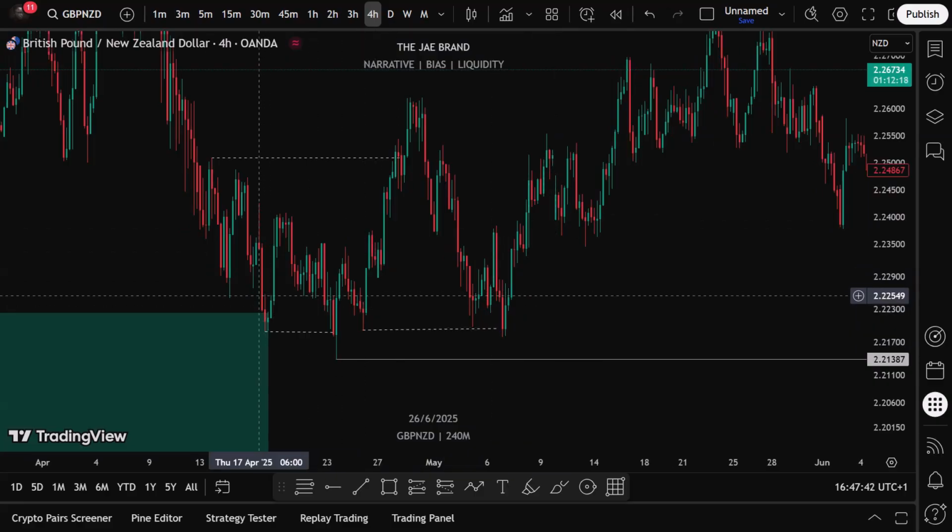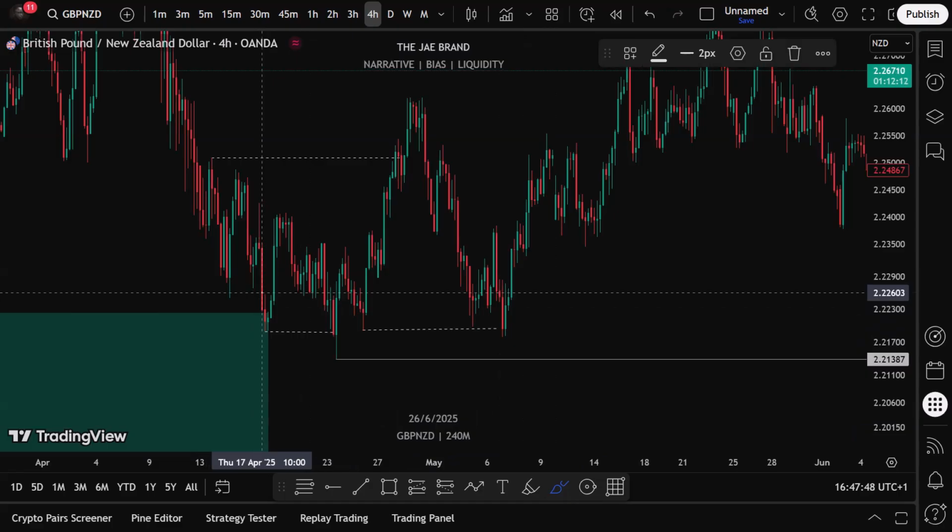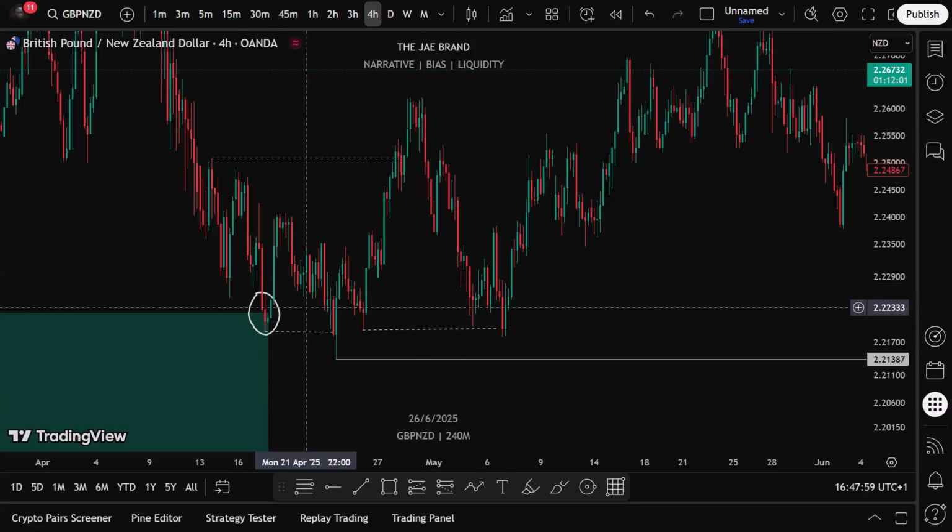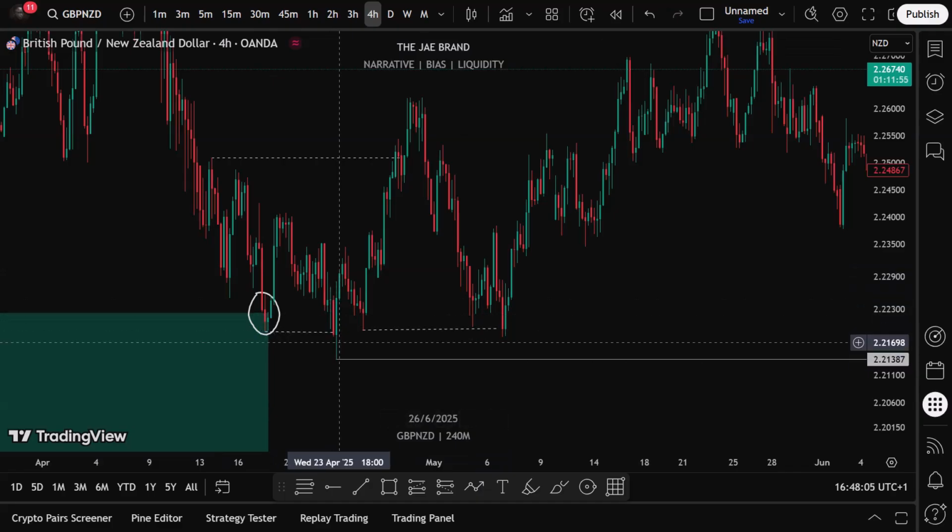Now I want to explain this QMR. I said QMR, for a buy model, is your last bearish candle, more or less like an order block. This is an order block that was supposed to hold, but it failed. Look at this sweep.